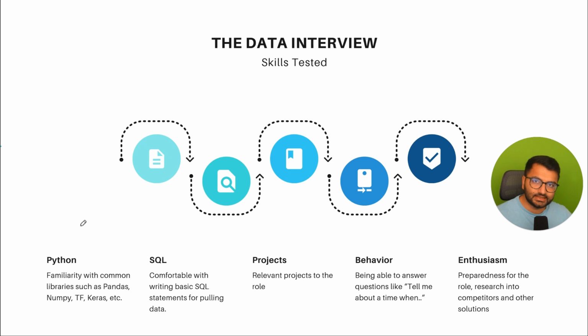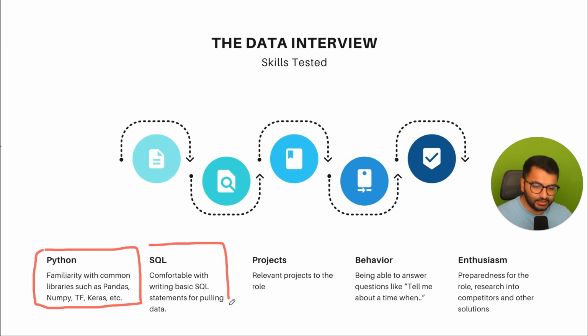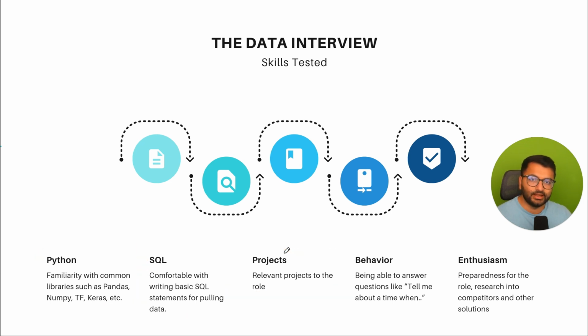For a general data science interview, usually I would say it's going to be more of easy to mid-level Python, easy to mid-level SQL. A little bit more emphasis on projects to see if the projects that you worked on are going to be relevant to the role, as well as the domain that the company is in. So, for example, if you have a lot of projects based on stock market predictions, finance, those kinds of things, and the company that you're applying to is also a financial company, then that would be a win.